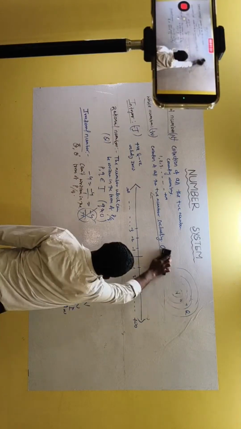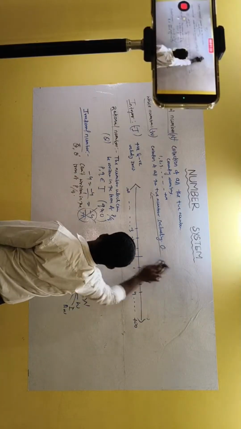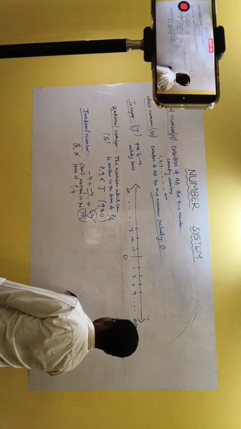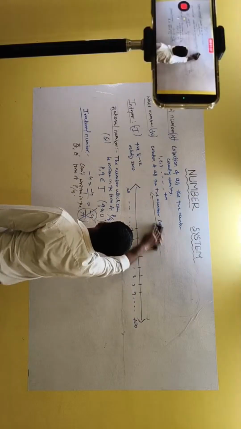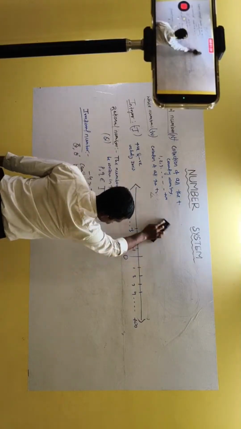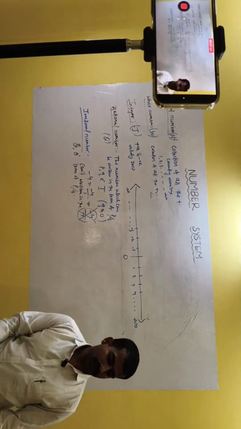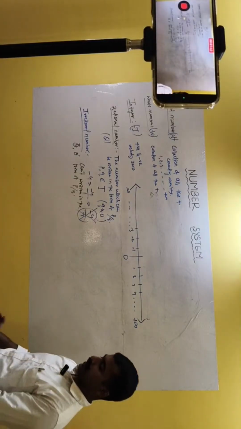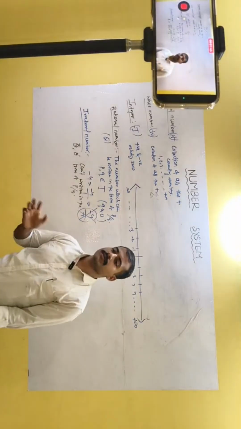This is a very important topic. How to represent root 2 on the number line? ठीक है जी? Now listen. First of all, Pythagoras theorem पढ़े थे तुमने?